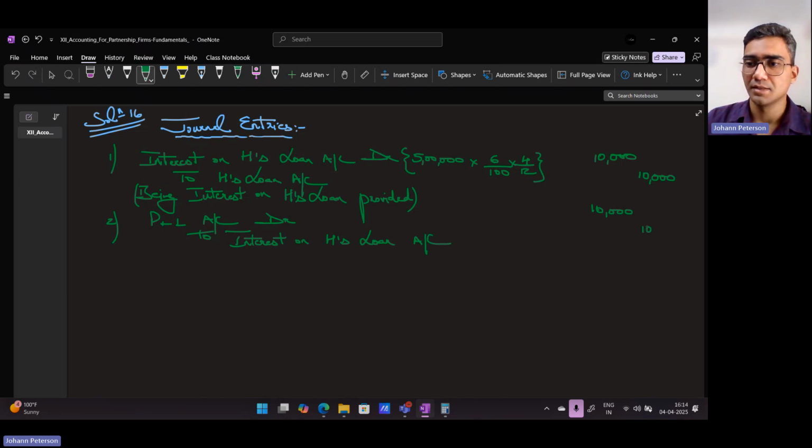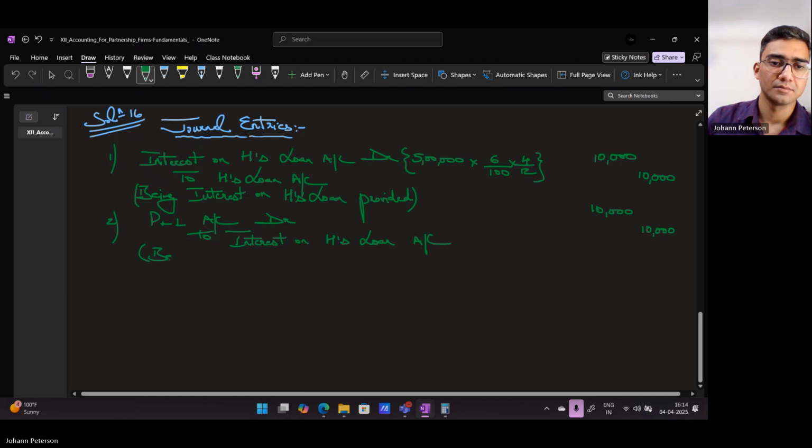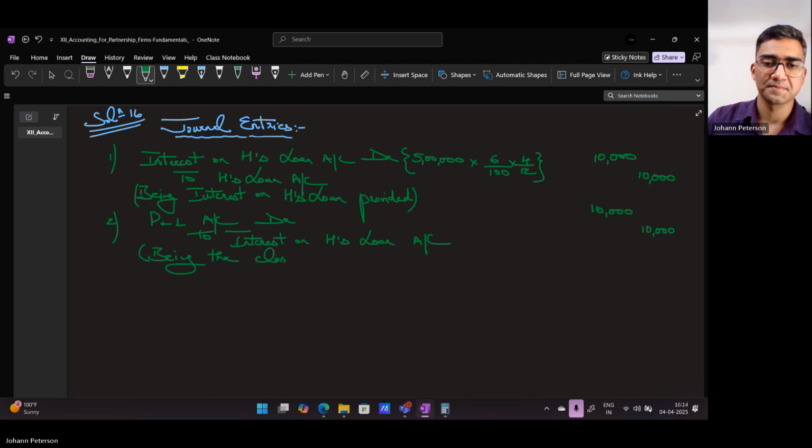Amount is again 10,000, being the closure of interest on H's loan account.